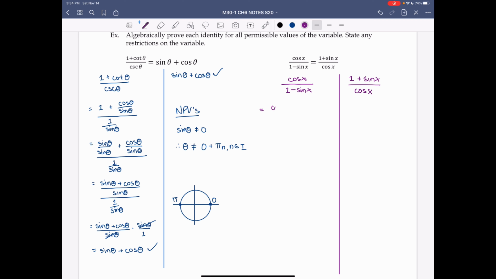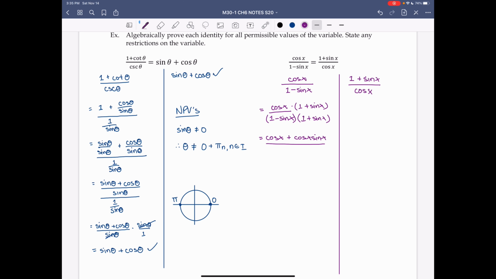Then I get cos x over 1 minus sine x times 1 plus sine x over 1 plus sine x. That gives me cos x plus cos x sine x.